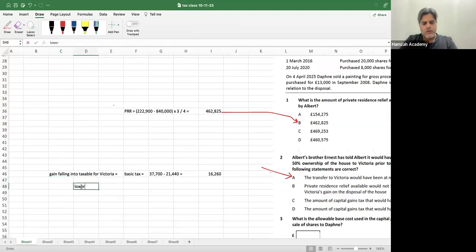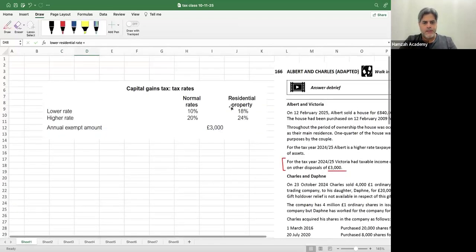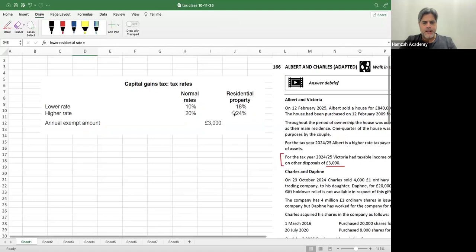So lower residential rate is what we are going to apply over here. This is the residential property, and the lower rate is basically at the 18% and 10% over here.